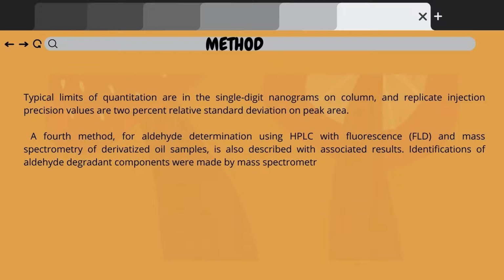Typical limits of quantitation are in the single-digit nanogram on column. Replicate injection precision values are 2% relative standard deviation on peak area. A fourth method for aldehyde determination using HPLC with fluorescence (FLD) and mass spectrometry of derivatized oil sample is also described with associated results. Identification of aldehyde degradant components was made by mass spectrometry.